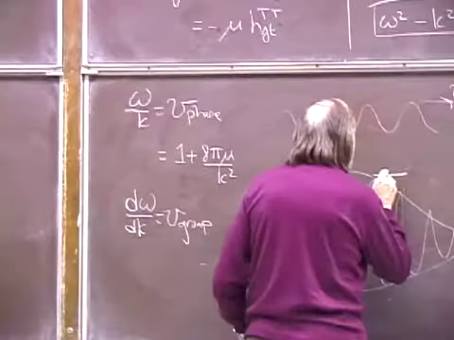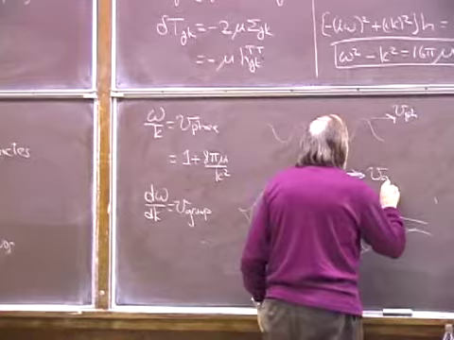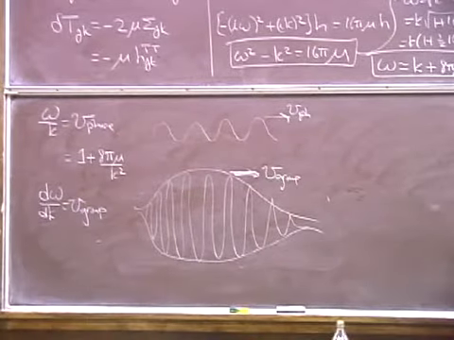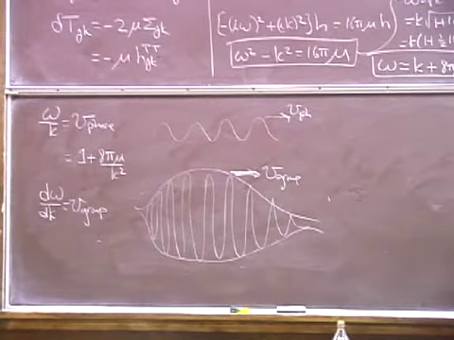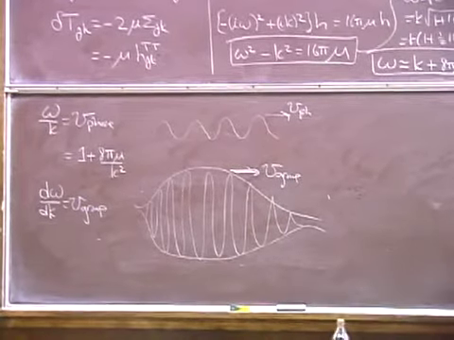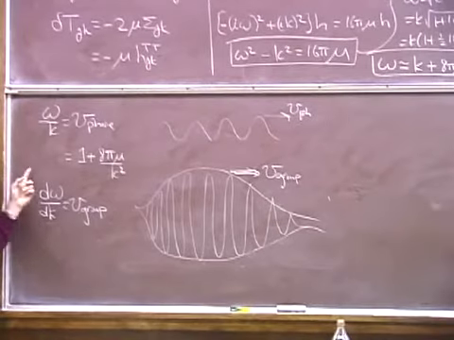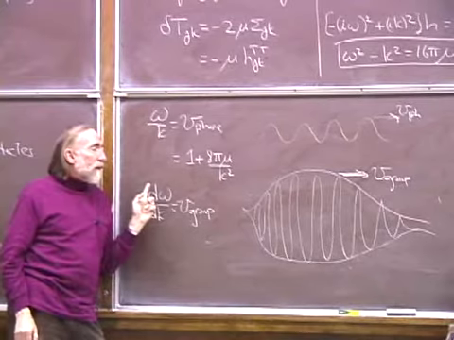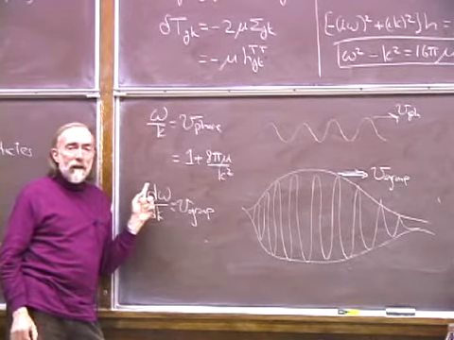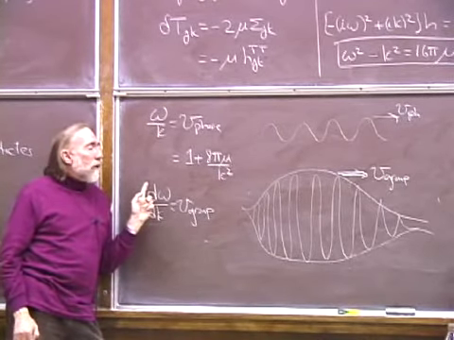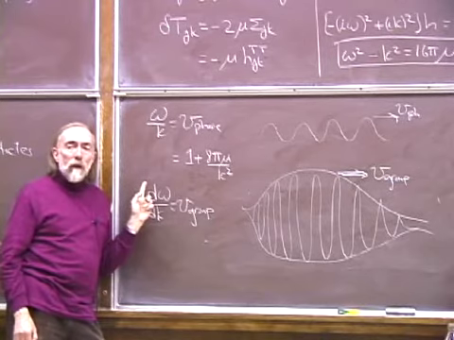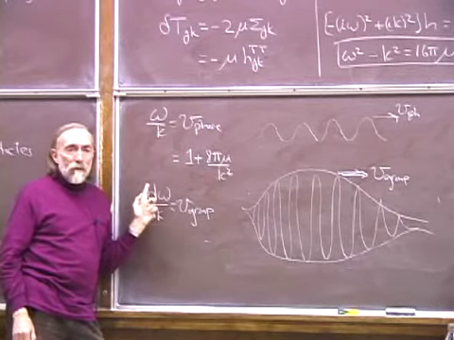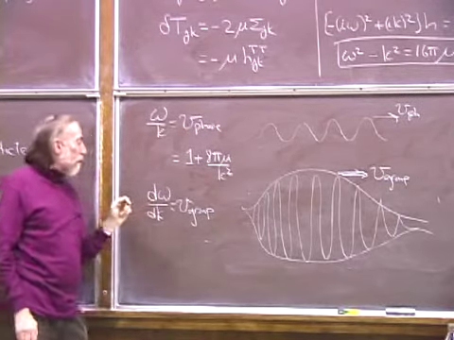The velocity of the envelope is the group velocity. This is a bit of mathematics or physics that most of you will have seen before, but I'm reminding you of. If you haven't seen it, you will see it in quantum mechanics classes, or any class that deals with propagation of inhomogeneous waves and with wave packets. It takes maybe 10 minutes to prove, and I don't want to take the 10 minutes.